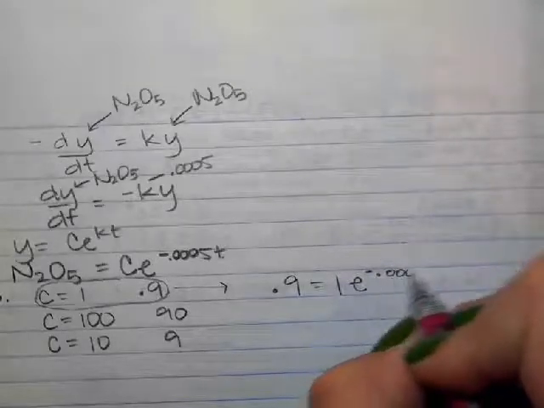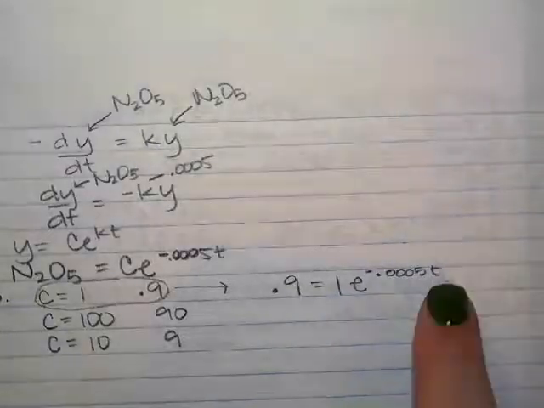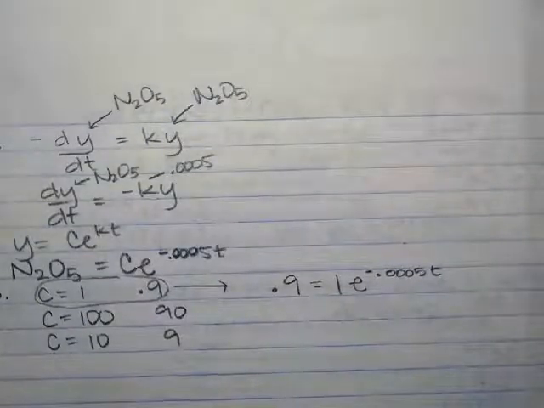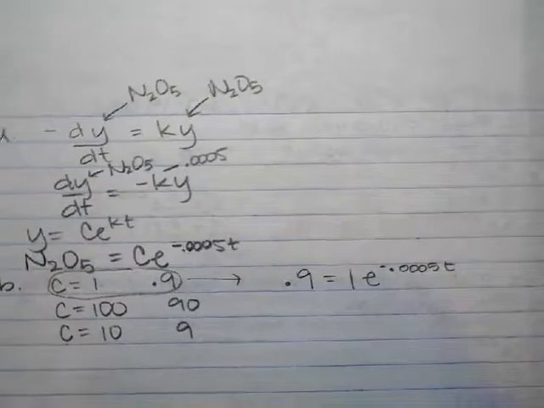They didn't say when. Does that make sense? Okay, because the question says how long will it take to become 90%? You guys good? Can you finish that part of the problem?